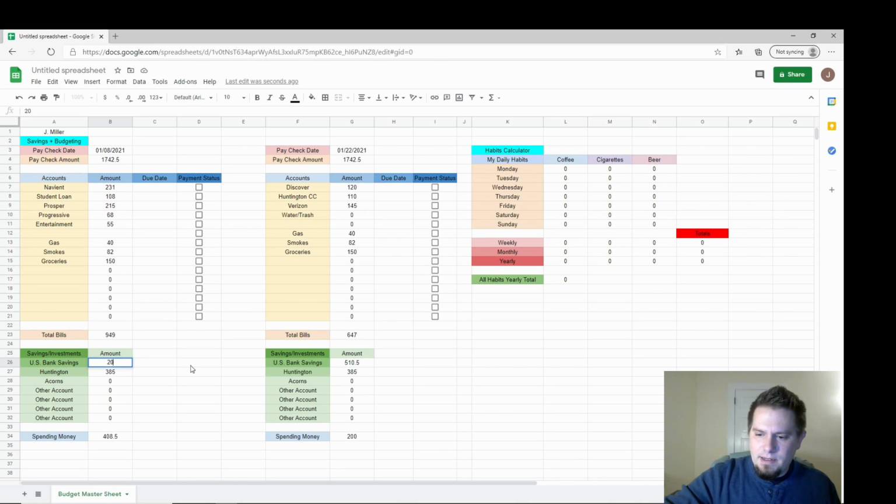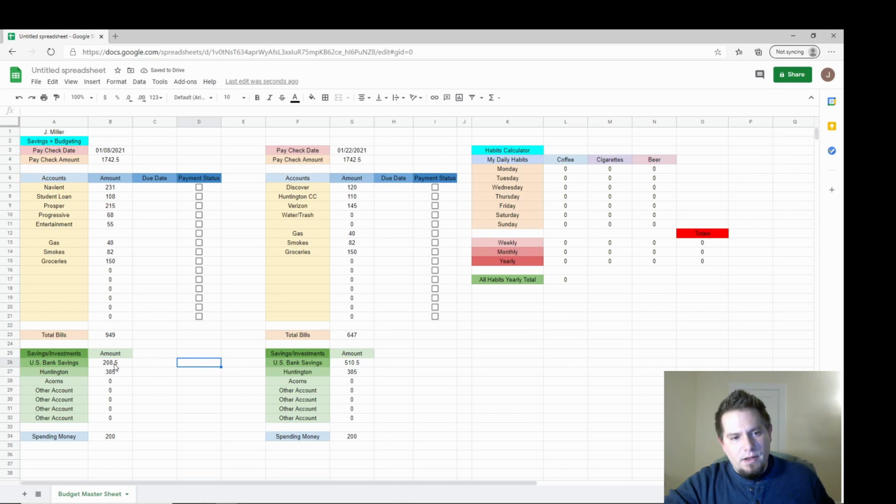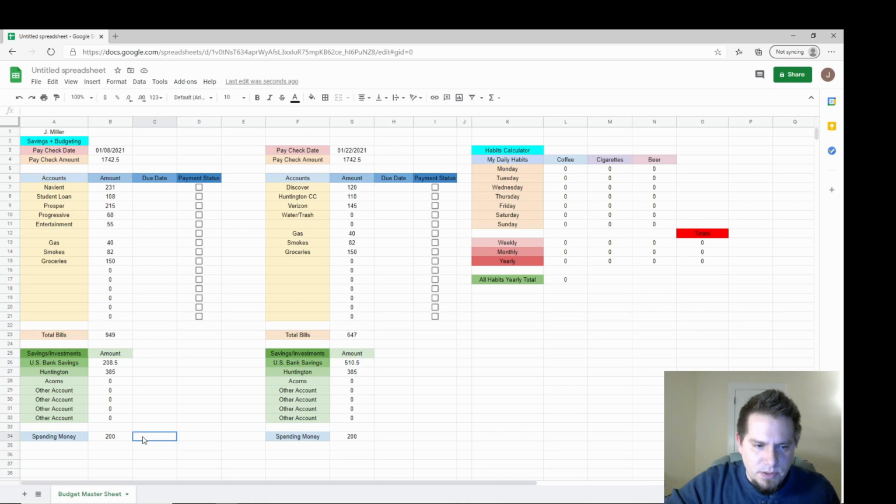So that's my goal for this year. Now, I'm putting $208 into my savings. This will change. What I like to do for myself is keep $200 in savings, in spending money, like going out to eat, whatever the case may be.